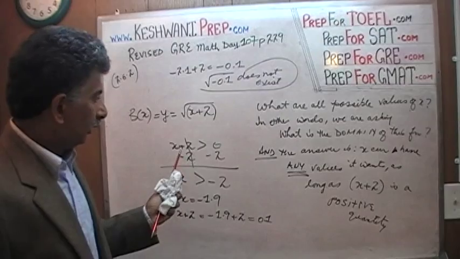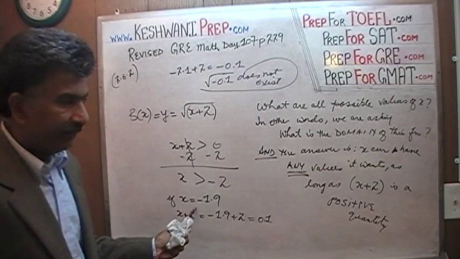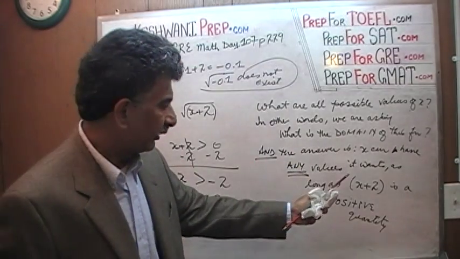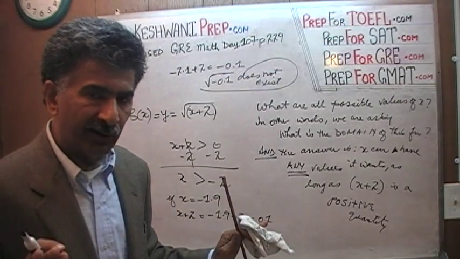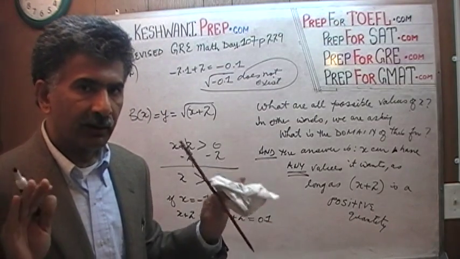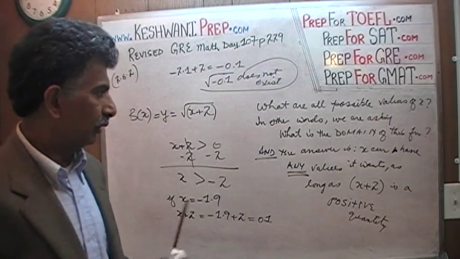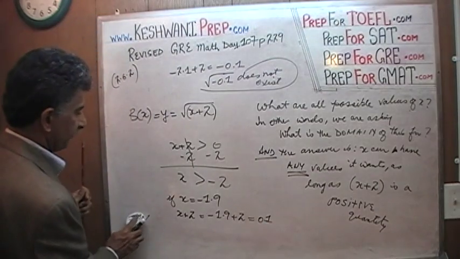That's all. So in this case, we said that the domain of this function is all the values of x that are greater than negative 2. The domain of this function, let me erase this part, I need to write it.